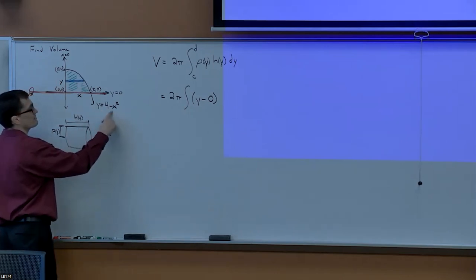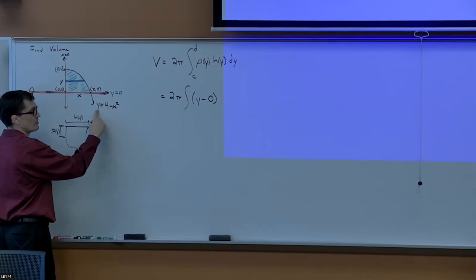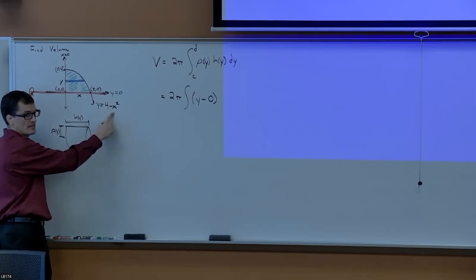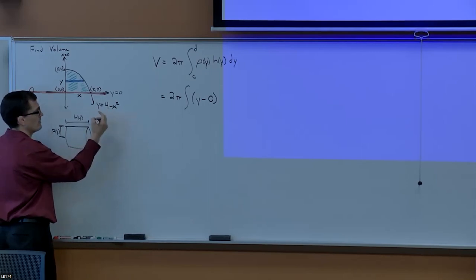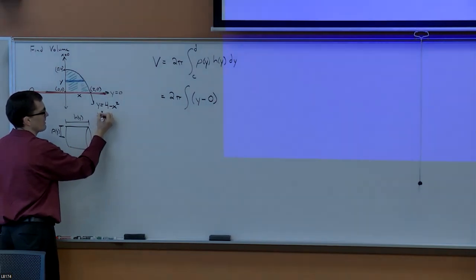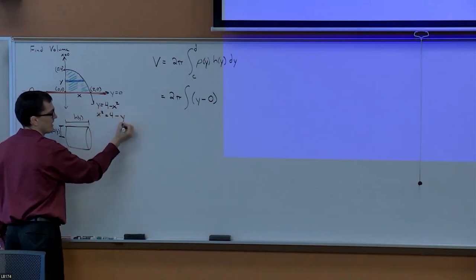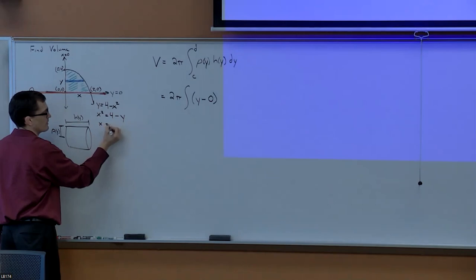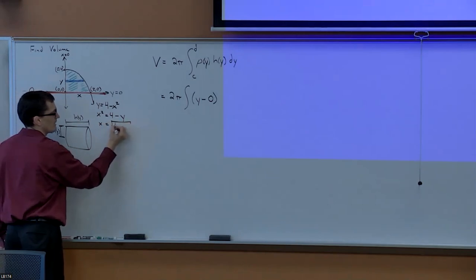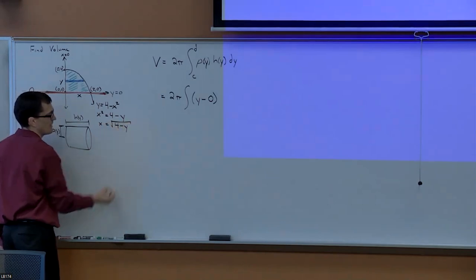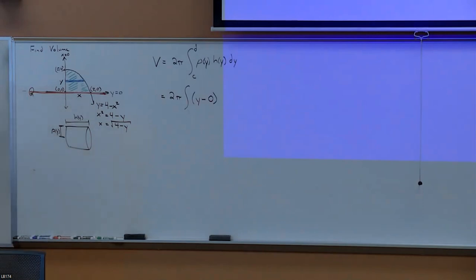That is going to cause me to have to solve this equation with respect to x. I need x equals. So if you remember what we did last time, we added x squared to both sides and then subtracted y from both sides, and then said because we're in the first quadrant, we can take a square root of 4 minus y, in particular the positive square root of 4 minus y.